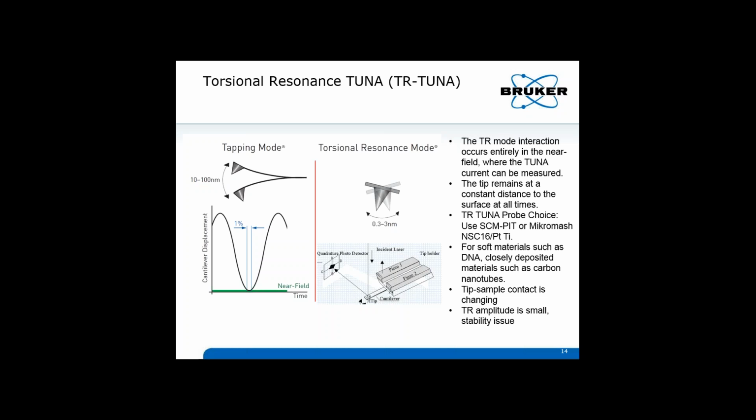But because the tip-sample contact is changing and the TR amplitude is small, there is always a stability issue. Plus, the operation is relatively difficult, so not many users choose this mode for the current measurement.